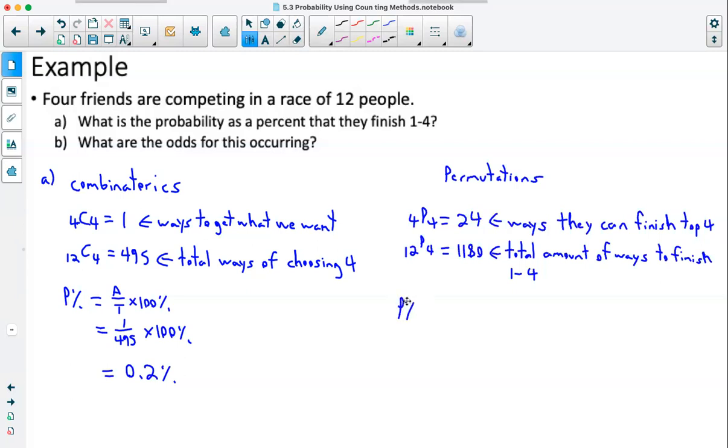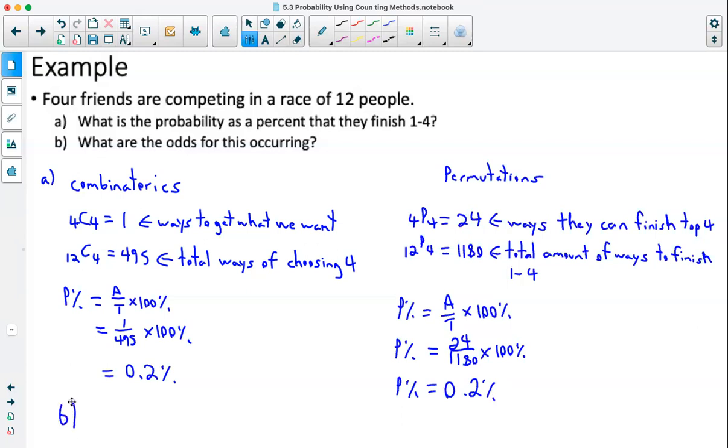So in this one as a percentage, we do the same thing. So A over T times 100%. So we've got 24 over 11,880 times 100, add a percentage sign, and we'll find that we actually get the exact same answer. So we could solve part A with permutations or combinatorics.